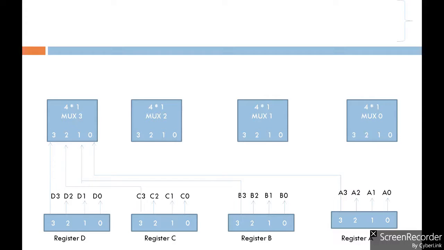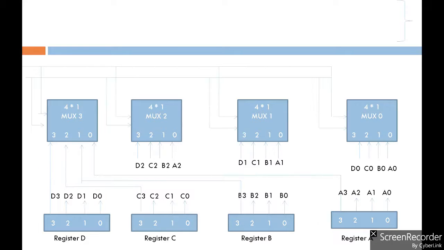Same way we will have inputs to multiplexer 0 from bits A0, B0, C0 and D0 from the different registers, and same for multiplexer 1 and multiplexer 2. So this is how we can show the inputs from different registers to the multiplexers.